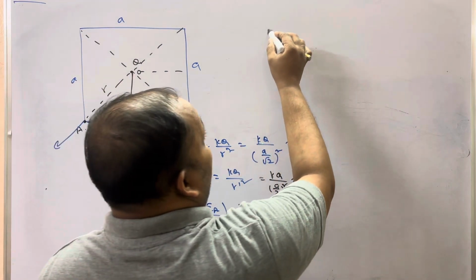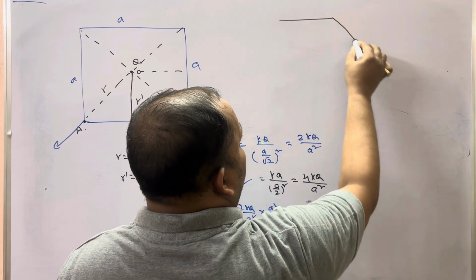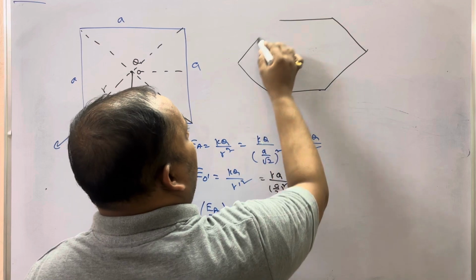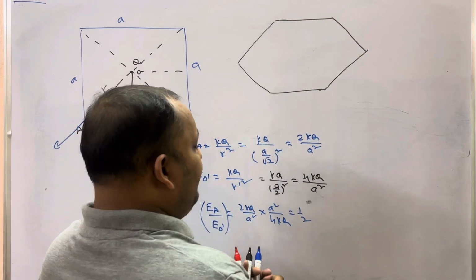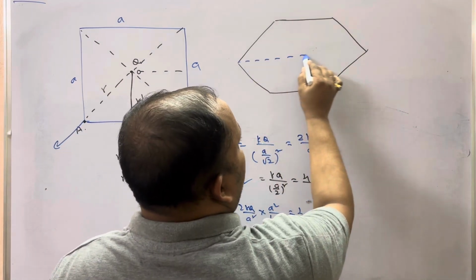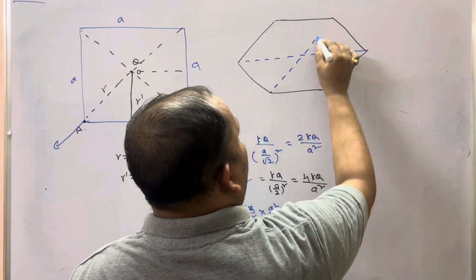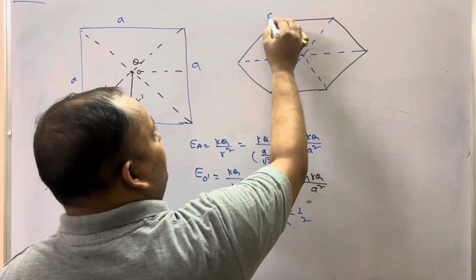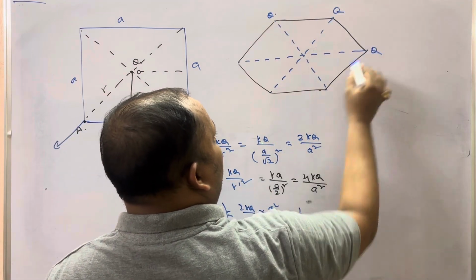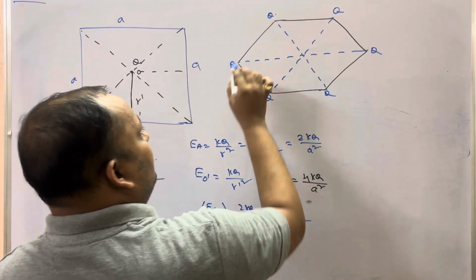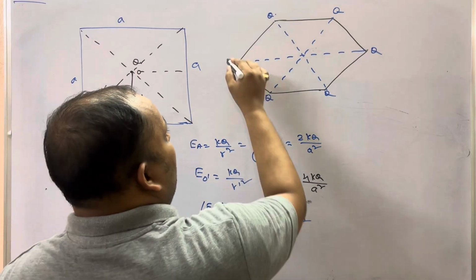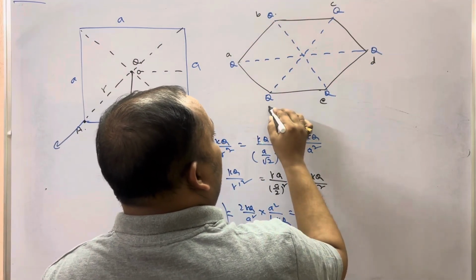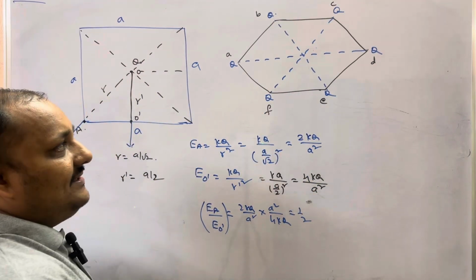Like this, if you take a hexagon, so if you are taking a hexagon, with charges Q, Q, Q, Q, Q, all the charges the same. So A, B, C, D, E, F. Like this they are taking.